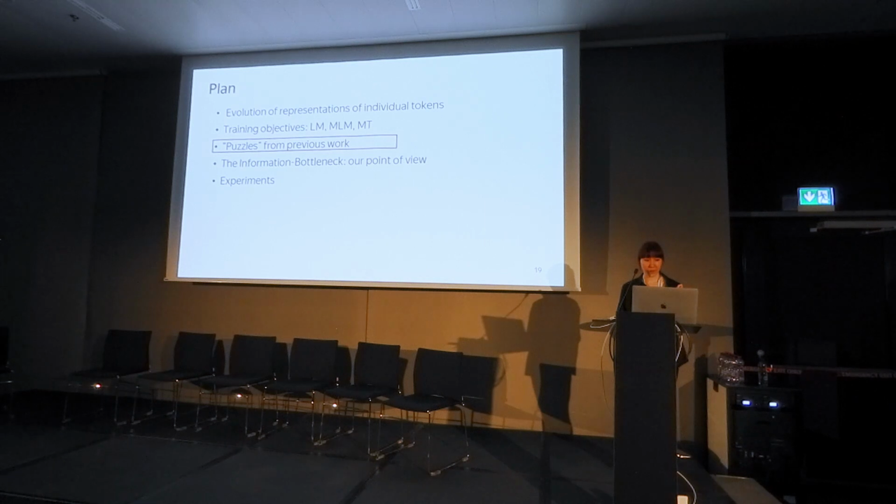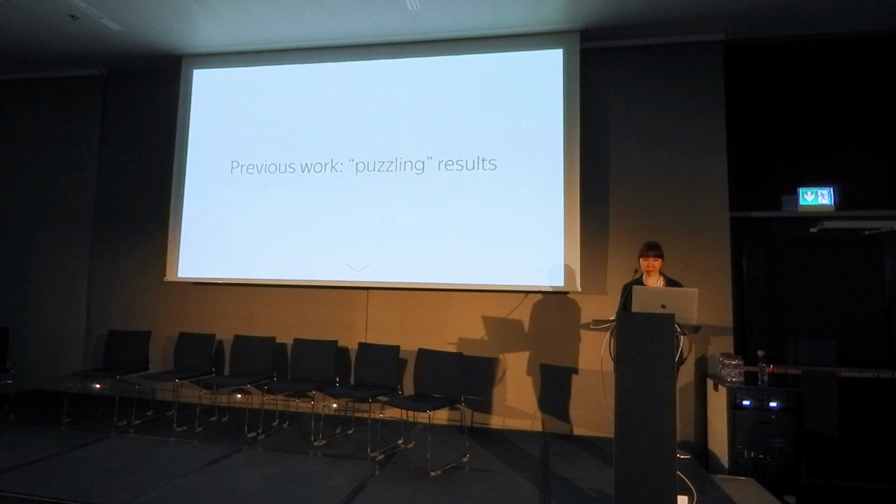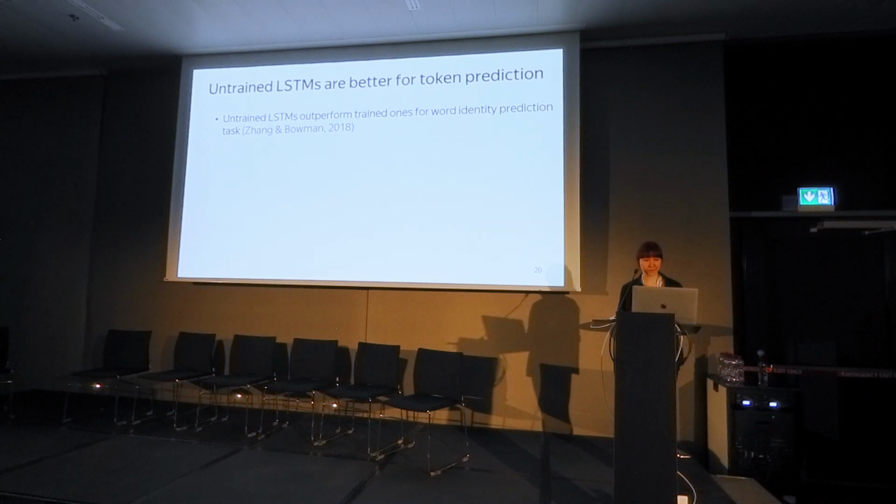And now, as promised, I will show you some interesting results from previous work, which used probing tasks and made really interesting observations. The first one: it was shown that untrained LSTMs outperformed trained ones on a word identity prediction task. It means that if we take representations from an LSTM and try to predict the token identity of the current token or nearest neighbors, then a randomly initialized model performs better than one trained for the language modeling task.